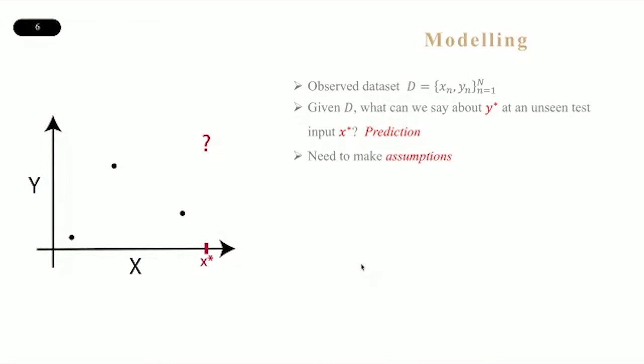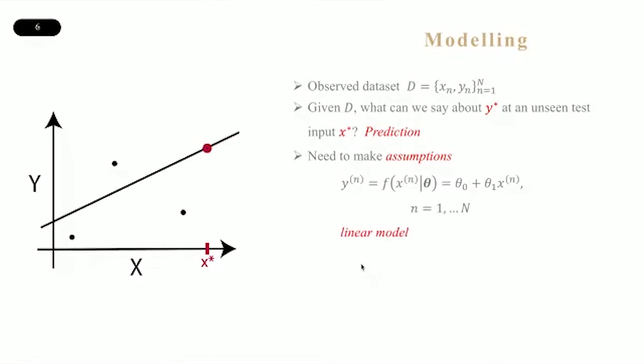Maybe if I fit a line, then this will do the job. This will be good enough. So I fit a line on the plot, and the line has some parameters theta, which you may know as coefficients or weights, if you like, in deep learning terminology. So I fit the line, and that's how I explain the data. I use a line, and I say that the data are actually produced from a linear regression model.